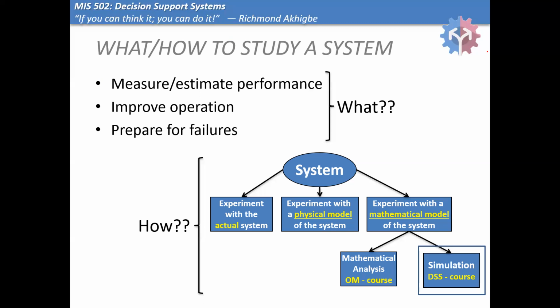The third one is to develop and experiment with some mathematical, or I think a better term is not mathematical approaches, but analytical approaches. And under analytical approaches, you have mathematical models and you have simulation. Okay. And you know the difference now between the two.